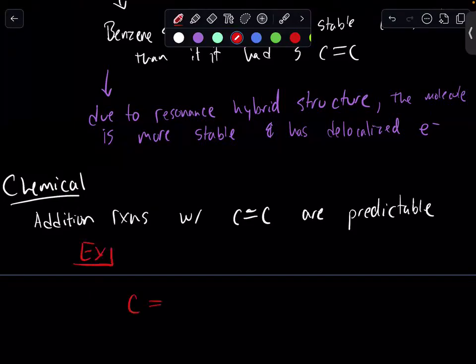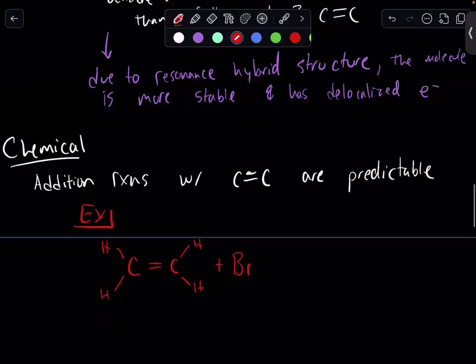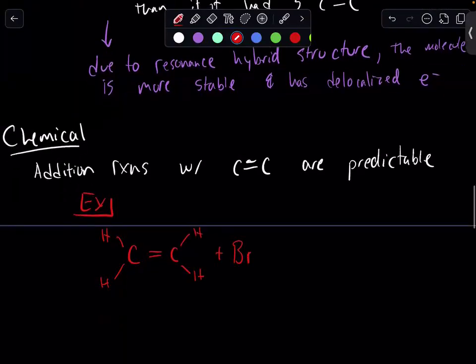We take carbon bonded to carbon with 2 hydrogens, and we add bromine to it. So this is what you can do to test for presence of double bonds in a solution. If you take bromine and add it to a solution that contains carbon-carbon double bonds, that bromine gets added and we get a single bond.